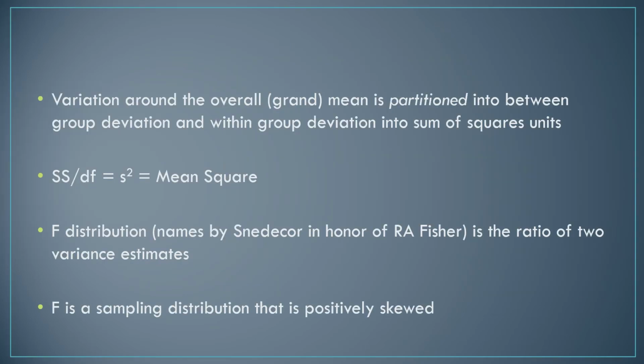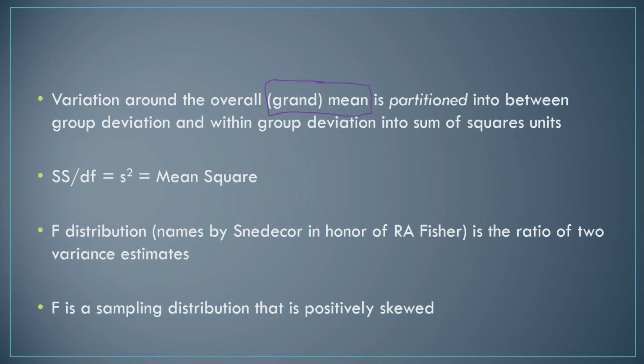So in the calculation of this non-central F distribution, this is the distribution of the F statistic or the F ratio when you actually have a treatment involved. So this is what the distribution of F looks like when you are testing it in comparison to the central F distribution. And it's really looking at the variation around the grand mean. So this is that mean with everybody all together.